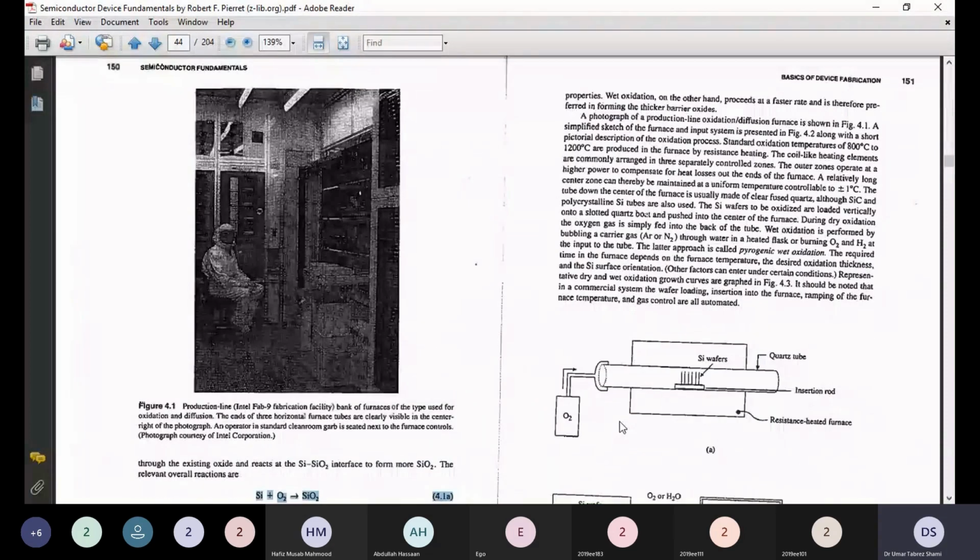Wet oxidation, on the other hand, proceeds at a fast rate and is therefore preferred in forming the thicker barrier oxide. So if we need a thick barrier oxide, we will adopt the wet oxidation technique, and if we require insulation, then we will prefer the dry oxidation technique.